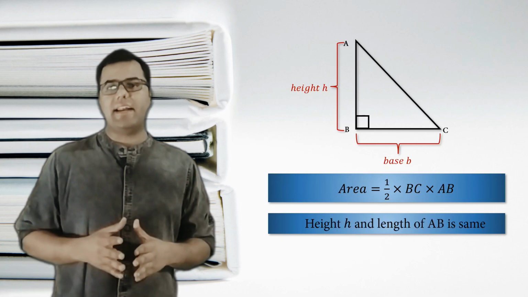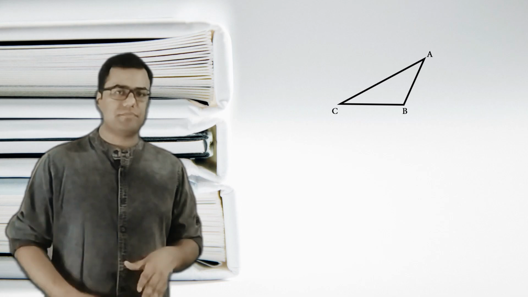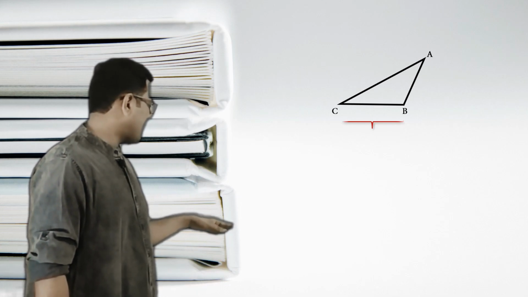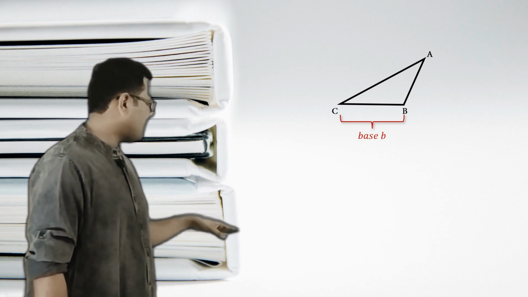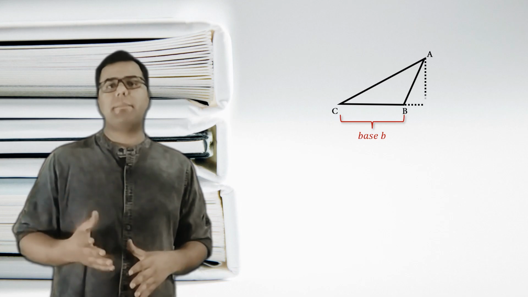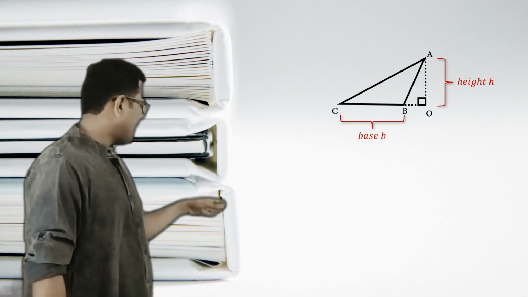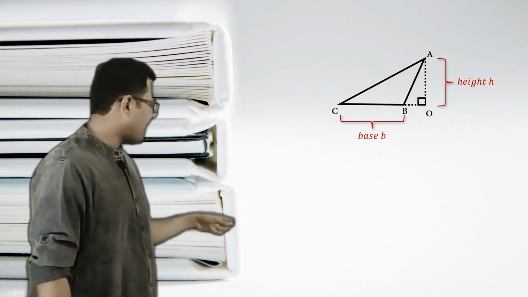So the height and the length of one side are the same only and only for a right triangle. For this triangle, you can see that again, if you take this BC as base B, then you have to drop again a perpendicular from the opposite vertex, that is A, and you get this height H.